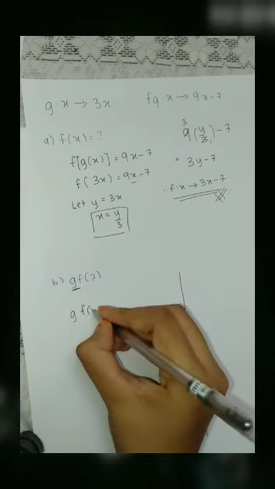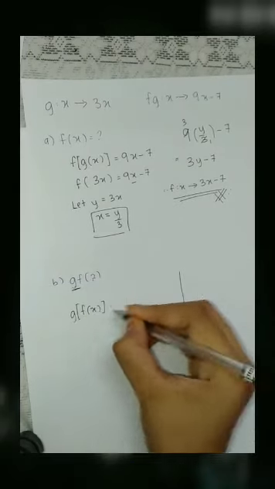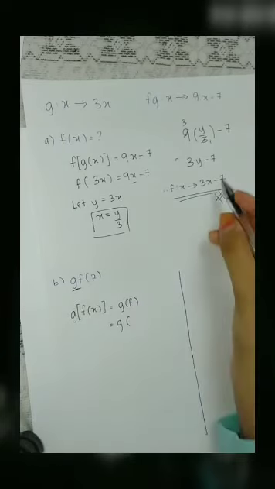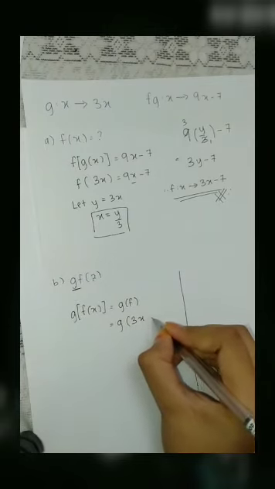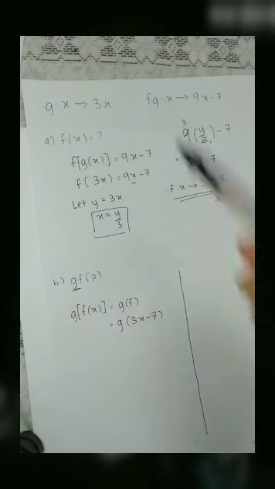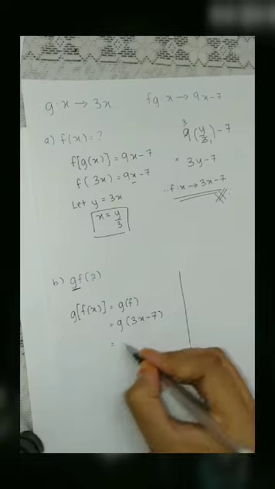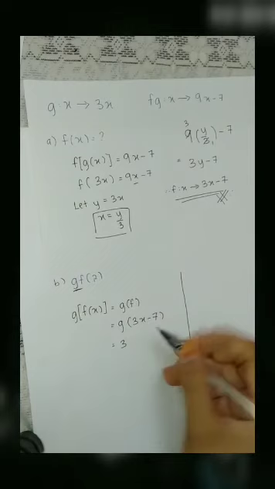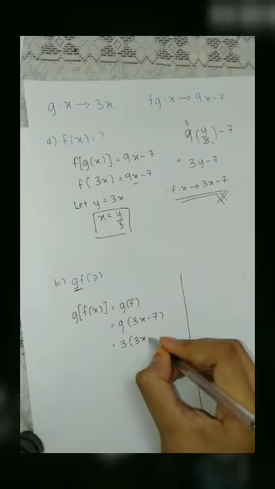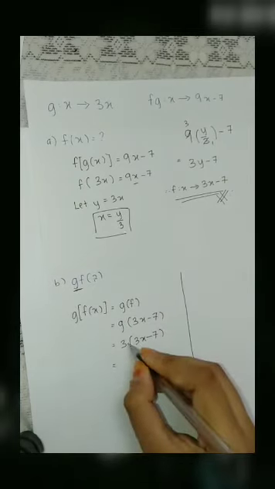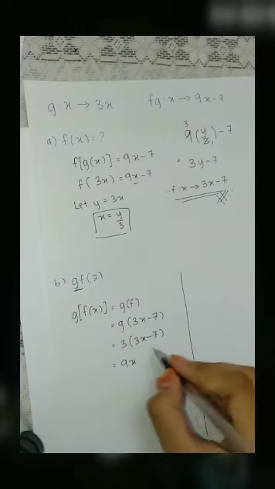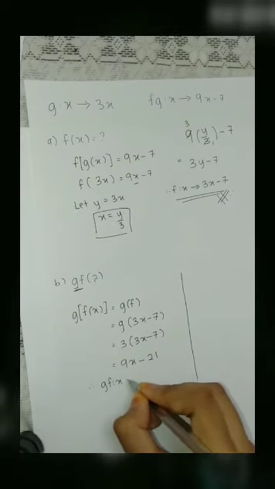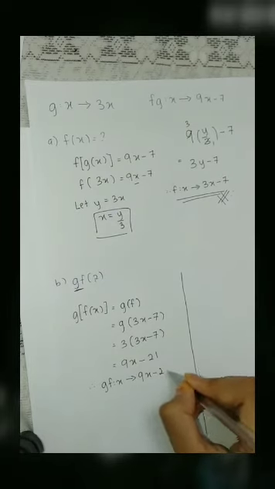g(f(x)), meaning that f is actually 3x minus 7. So g is 3x, so we substitute f into x, so it's going to be 3 times (3x minus 7), so 9x minus 21. g(f(x)) equals 9x minus 21.